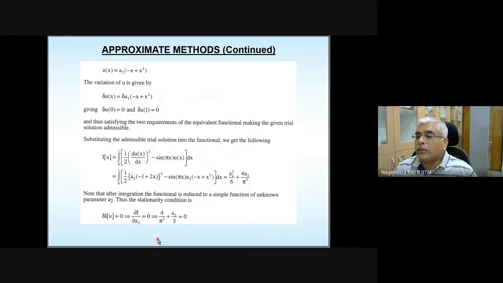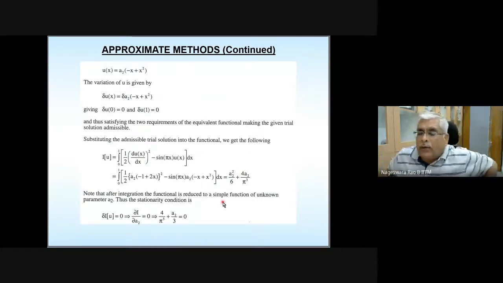It's taken only with respect to A2 here, but in that particular case, you may need to take the partial derivative with respect to more parameters. So you are going to get as many equations as unknown parameters, and you need to solve that linear system of equations. Here only one equation is there because we have only one unknown parameter. We can easily solve this and find what is A2. Please take note of this and then find what is A2.